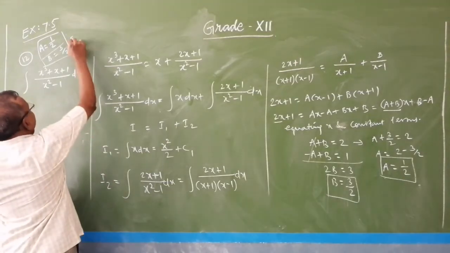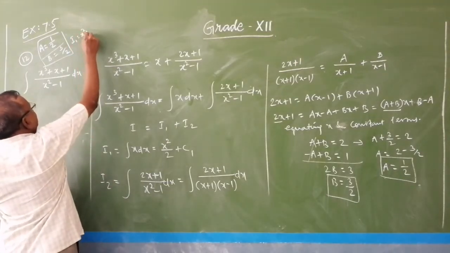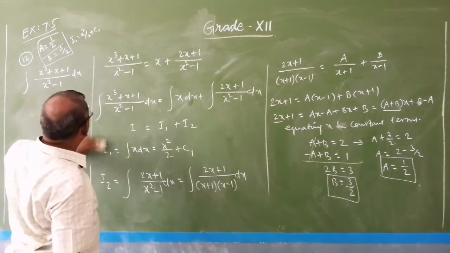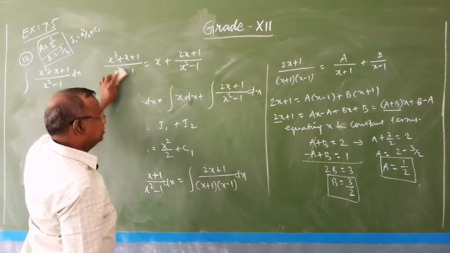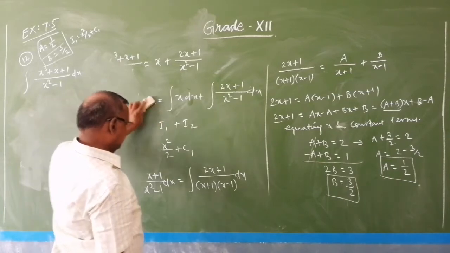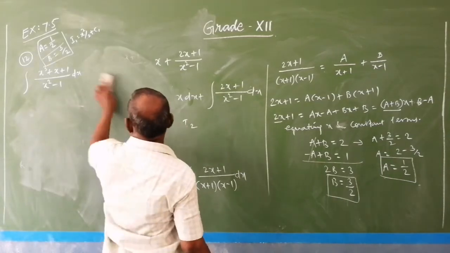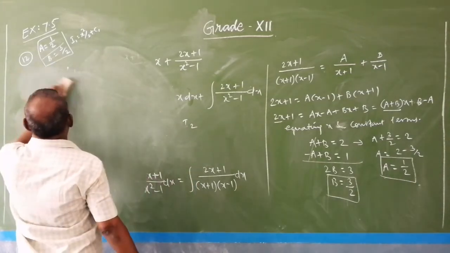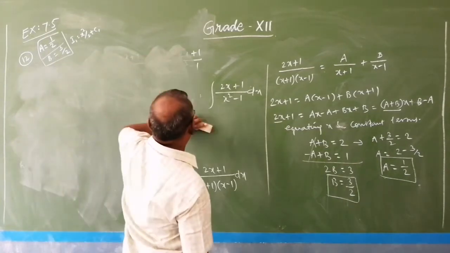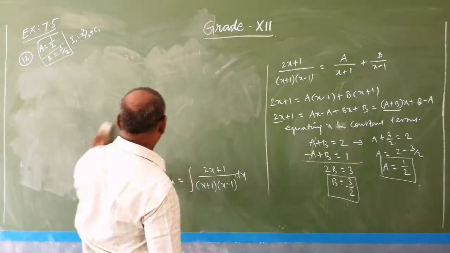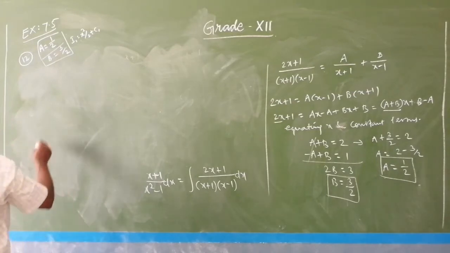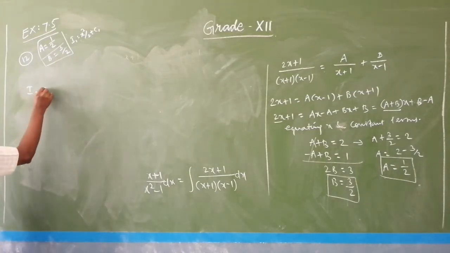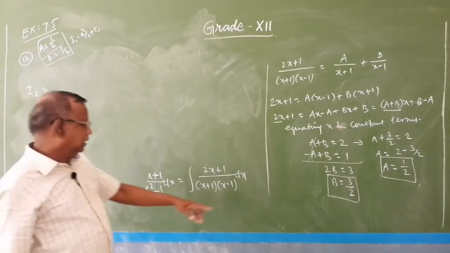I1 is x^2/2 plus C1. Now I2 equals what we have written here.